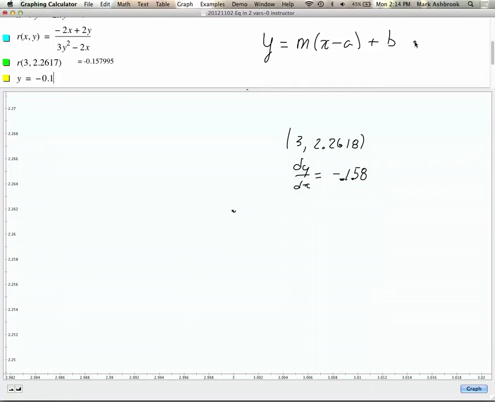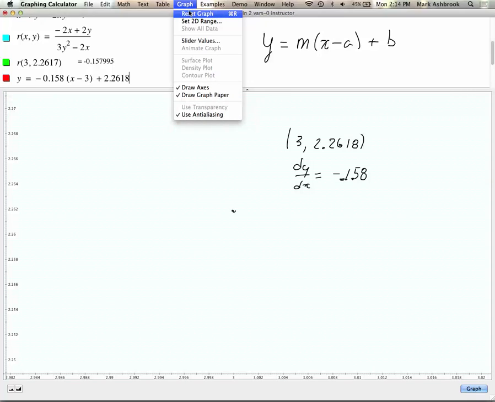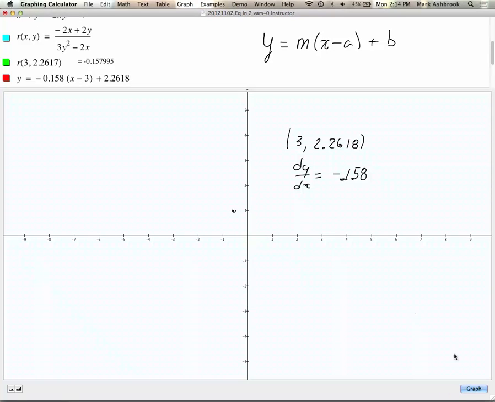Negative 0.158 times x minus 3, plus 2.2618. Yellow won't be good, let's do something else. Red. Here we go.